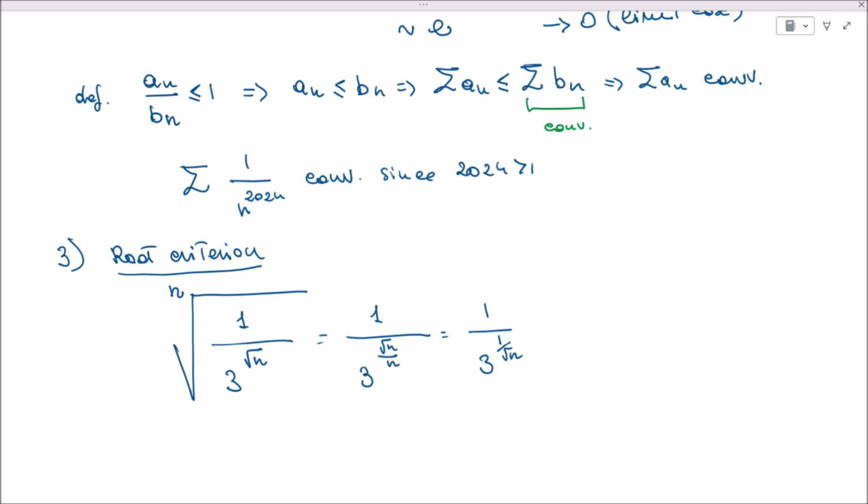And when n goes to infinity, of course this will tend to 1. Unfortunately, we cannot take any conclusion from this, because this was one of the indeterminate cases of the root criterion.